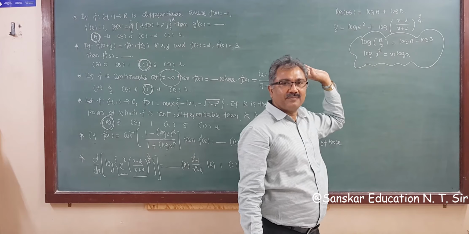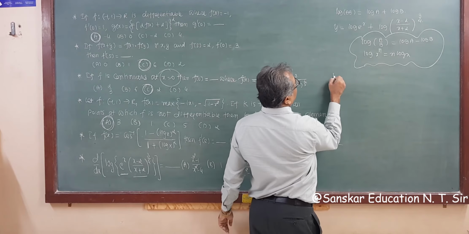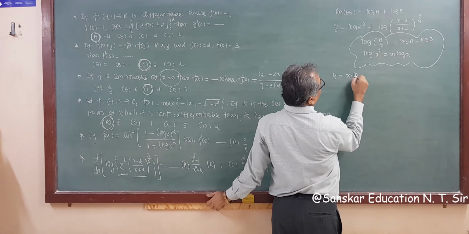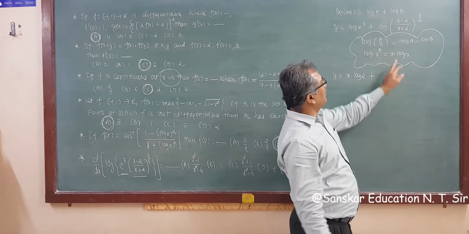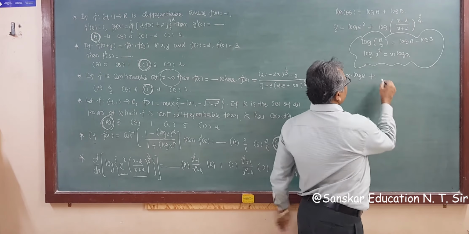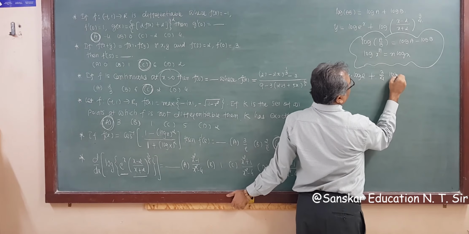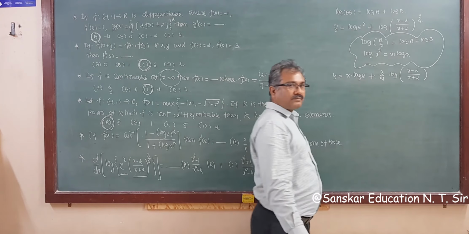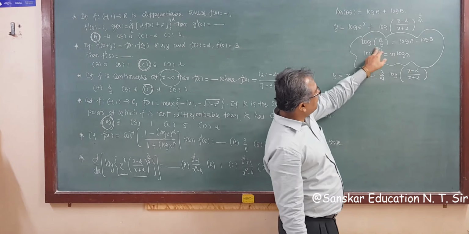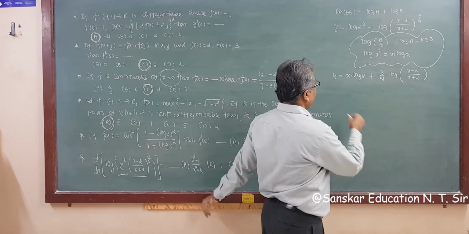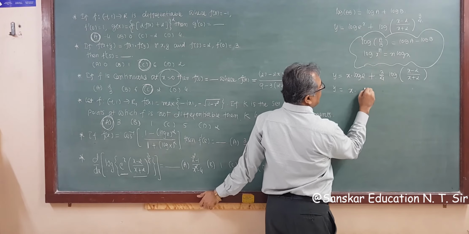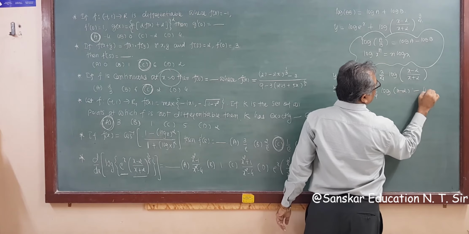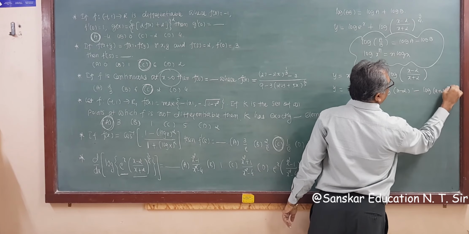So y, now the power comes in front, so this is x into log e plus 3 by 4 log of (x minus 2 upon x plus 2). Again applying log a upon b is log a minus log b, y is equal to x plus 3 by 4 [log (x minus 2) minus log (x plus 2)].